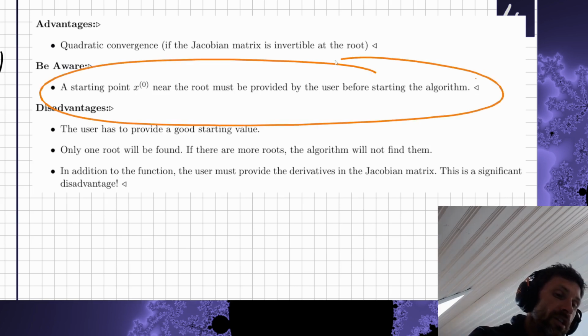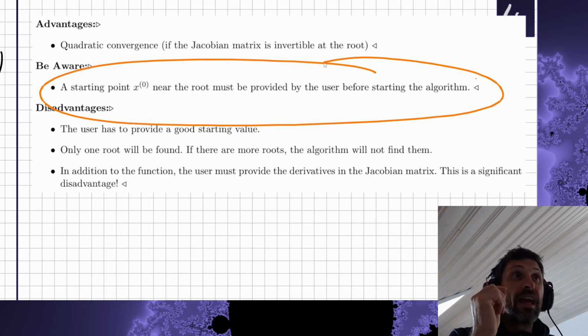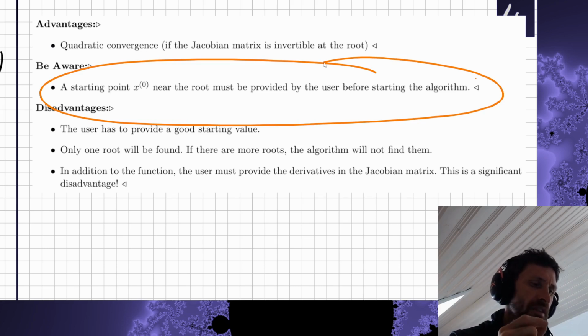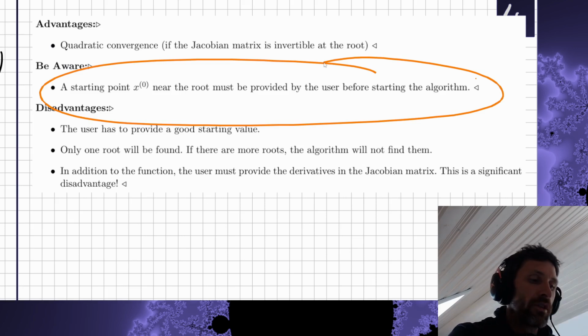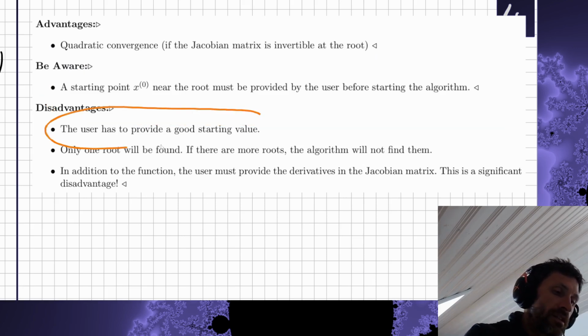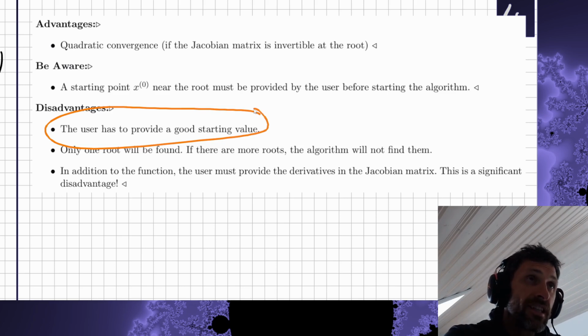Okay, what is a very big thing, and it's sometimes mentioned, but without emphasizing it very much, I always emphasize: there must be some starting initial value, and this must be provided by someone, and the someone is the user of the algorithm, and that's a disadvantage.